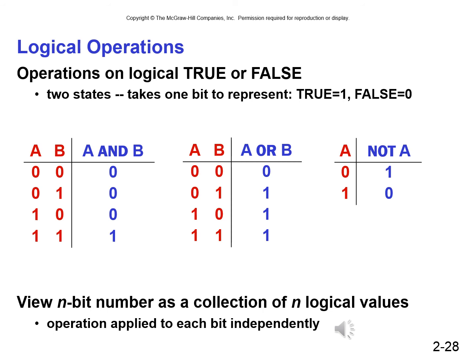Binary, bi as in bicycle, having 2 wheels, has 2 operands, A and B. So A and B both have to be 1 in order for the resultant to be 1.